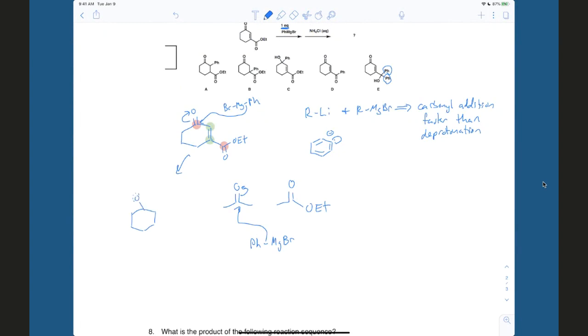Because after the addition to a ketone, we have this O minus. We're going to have these ammoniums floating around in solution, and they can just donate a proton.